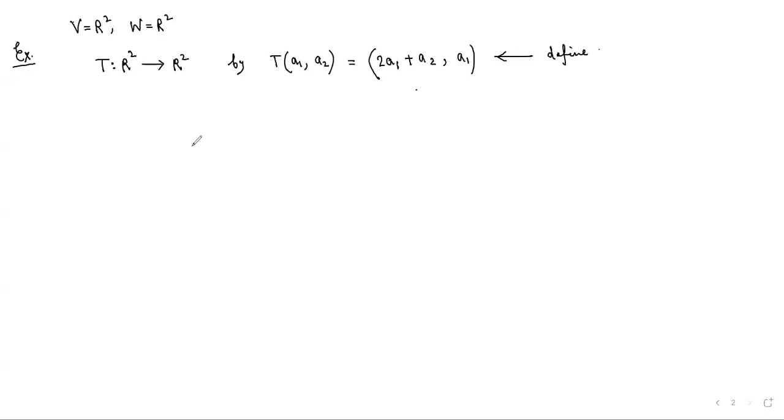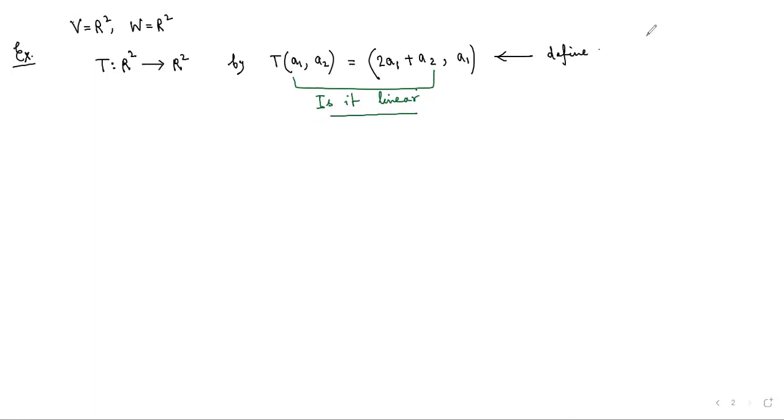Now suppose you want to check whether this transformation that I have designed here is linear or not. So the question is whether it is a linear transformation or something else. Let's talk about how to find it out.